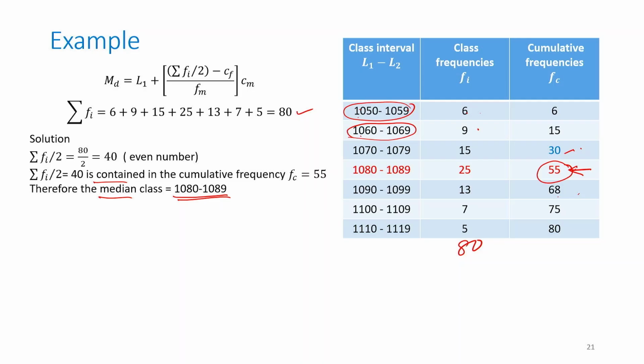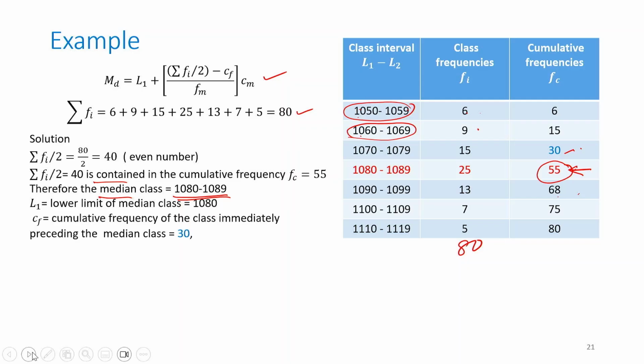That means the value lies here. What is the exact value? For that we have to make use of these equations. Once we identify the class interval in which it lies, after that we have to use these equations to find the median.